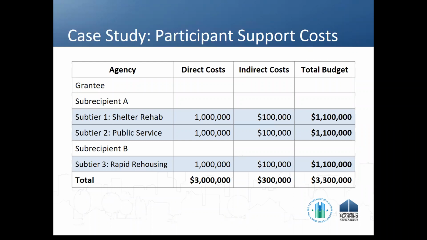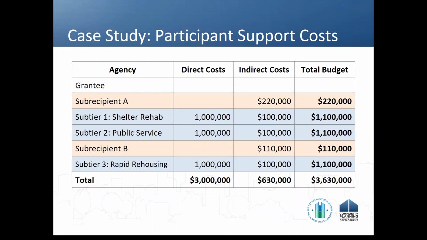So that's the original $1 million to actually complete the activity, and 10% of 1 million is 100,000. So then they're getting an additional 100,000 to recoup indirect costs for a total budget of $1.1 million for each sub-tier subrecipient.